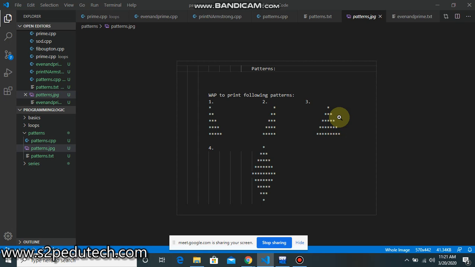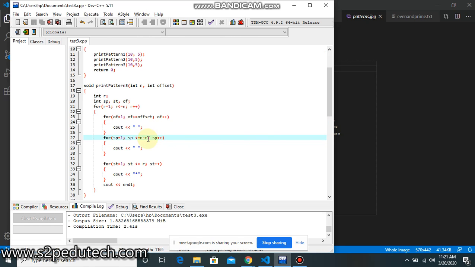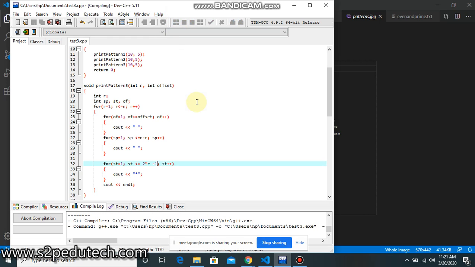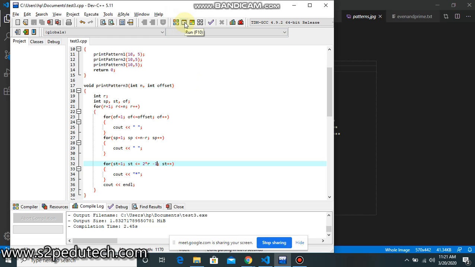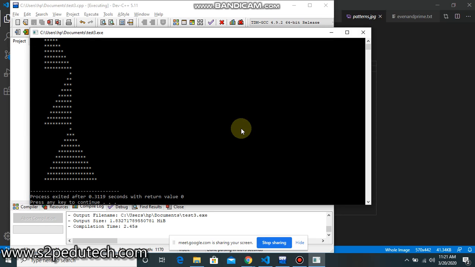Fairly simple. So if I just change this thing to 2 into r minus 1, even this would work. Let us compile it and let us run this.